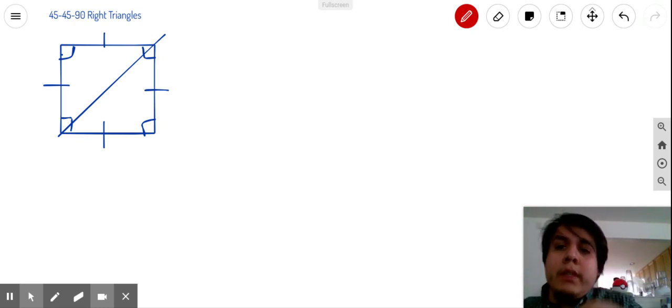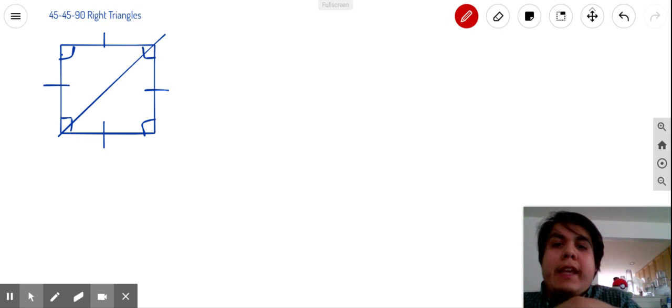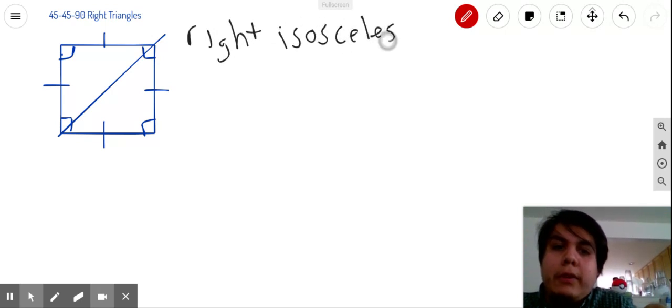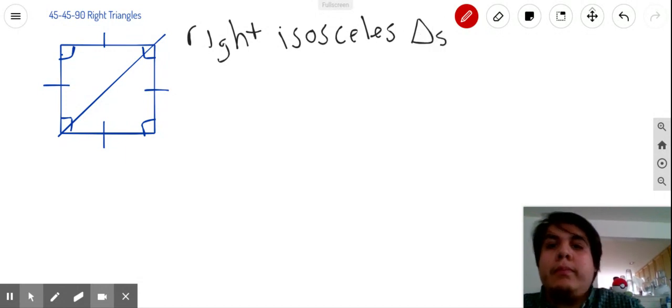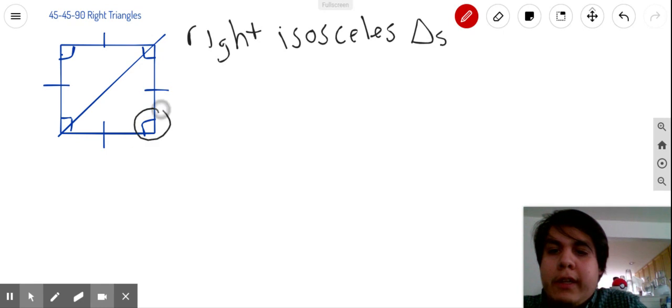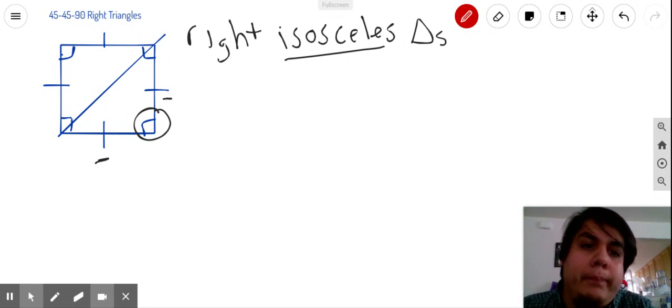So the diagonal creates two right isosceles triangles. Right because there's the 90 degrees, and isosceles because each of these sides are exactly the same.